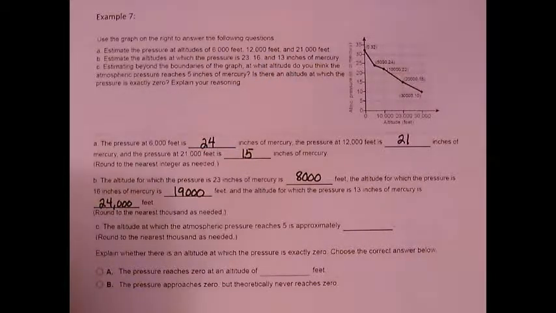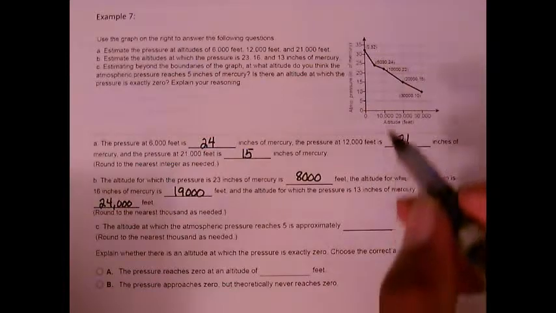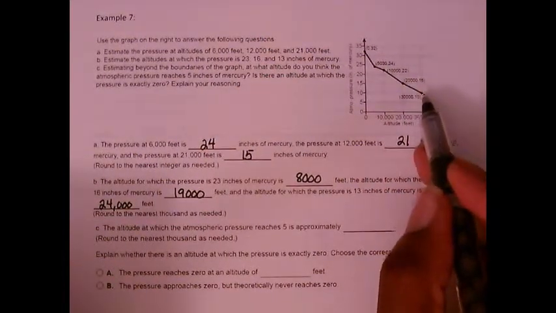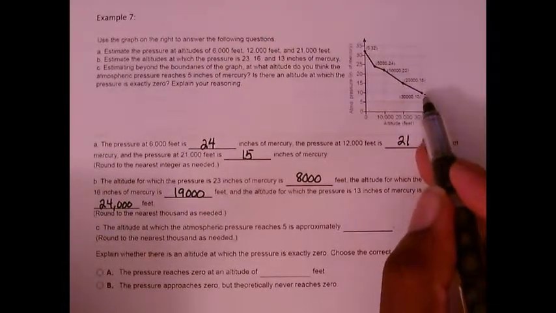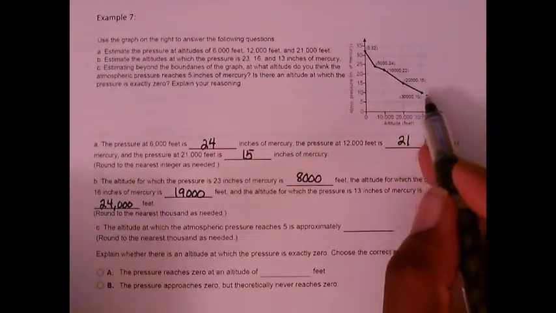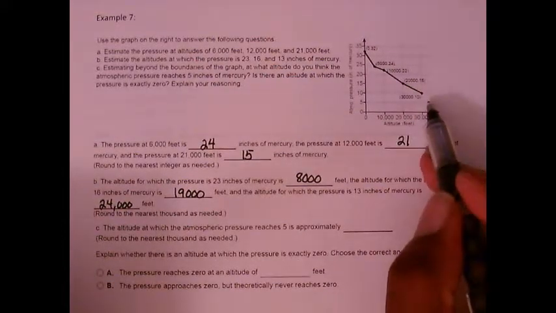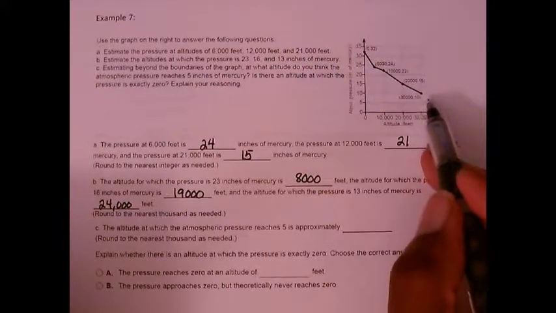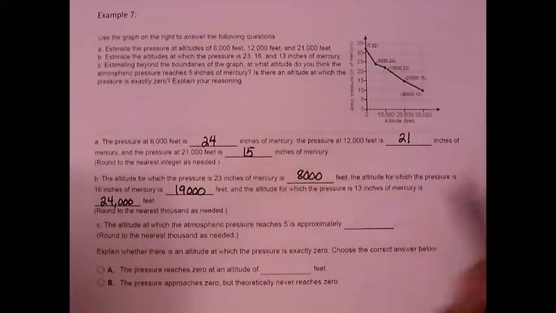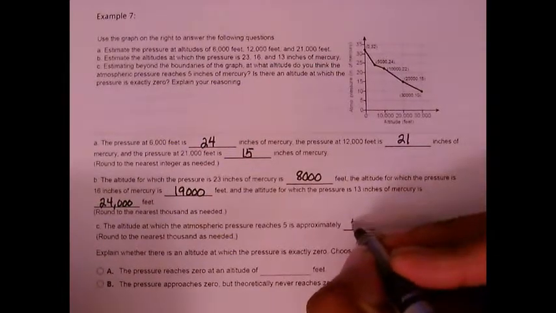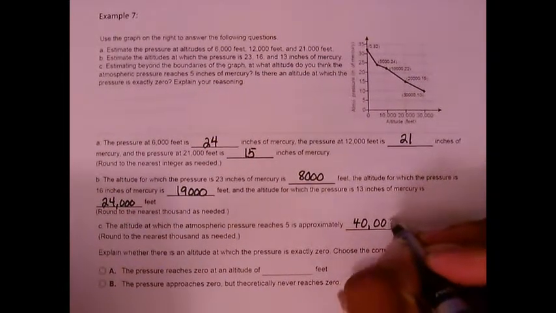Now part C, the altitude at which the atmospheric pressure reaches 5 is approximately what? Well, here's 5 right here, and we're going to have to kind of guesstimate a bit here, because if this continued, then in this case we will say approximately, and I would say approximately 40,000 feet if we were to extend the horizontal axis.